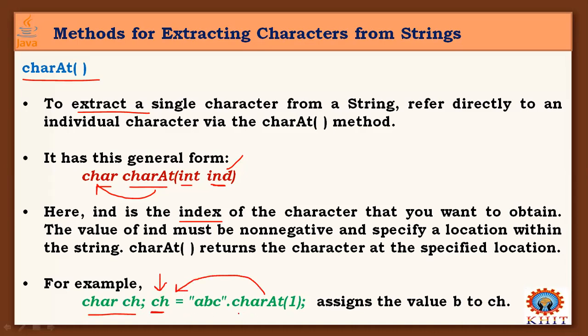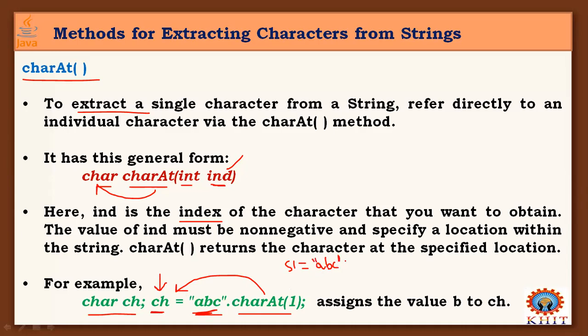So where are you applying it? You can apply it directly on a string literal, that is a string value in quotations, "abc".charAt. Or you can store this abc in a string like s1 equals abc. You can also do the same.